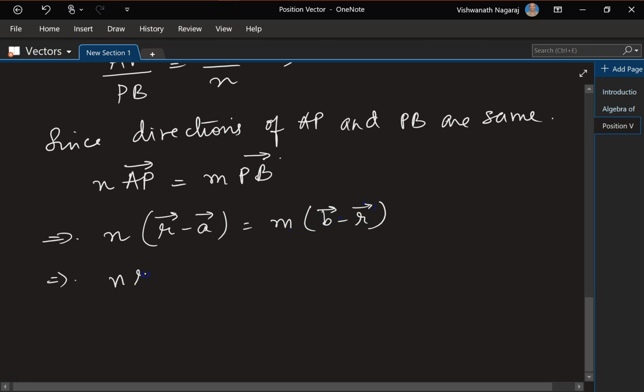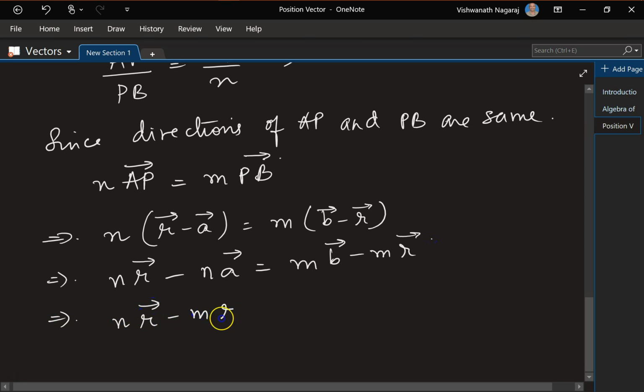Now it's simple algebra. nR minus nA is equal to mB minus mR. Remember, we want R is equal to.